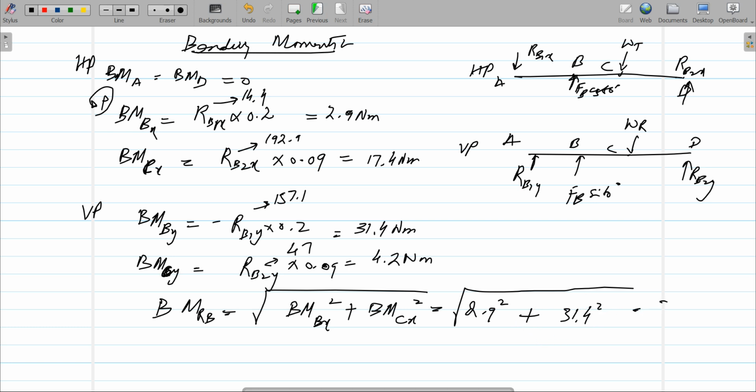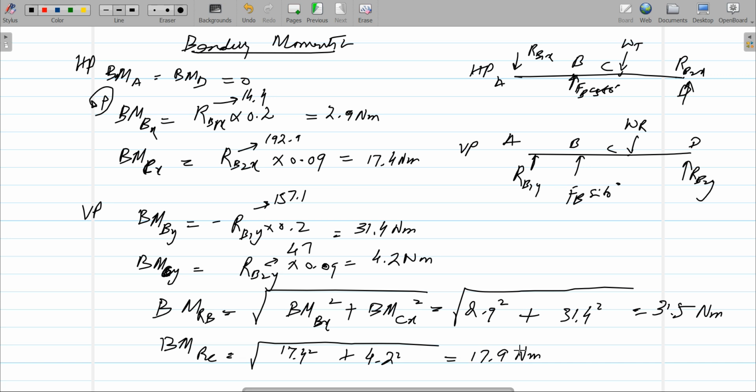The answer is 31.5 Newton meter. Similarly, the resultant bending moment at point C is 17.4 squared plus 4.2 squared, which equals 17.9 Newton meter. The last step in this problem is to find the diameter at all points.